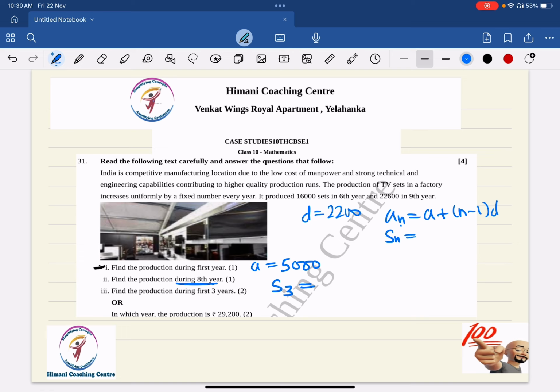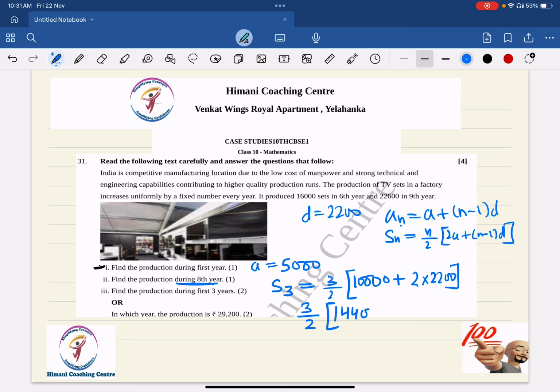So that is S3, and I am going to use the n by 2 times 2a plus n minus 1 d formula and get S3 as 3 upon 2 times 2a, which means 5,000 into 2, which is 10,000, plus n minus 1, 3 minus 1 is 2, times 2,200. So we get 3 by 2. Now 2 times 2,200 is 4,400 plus 10,000.